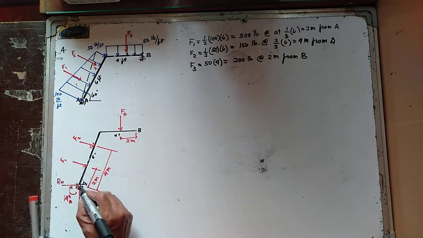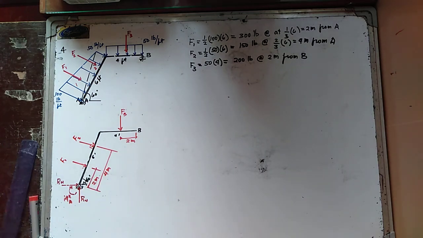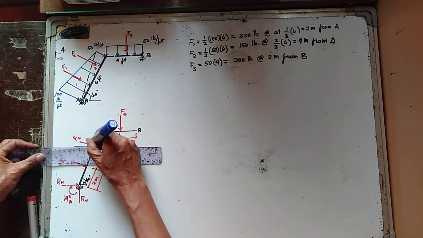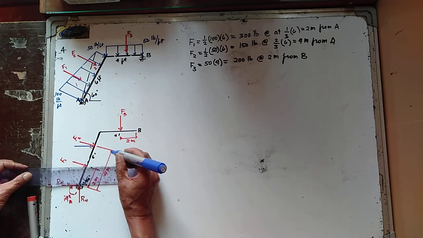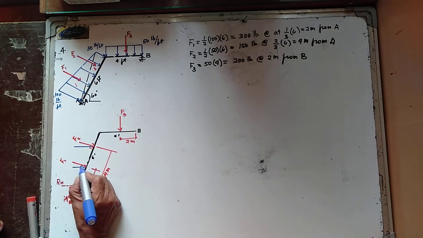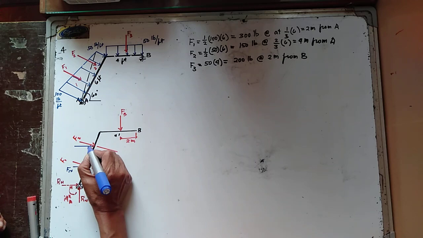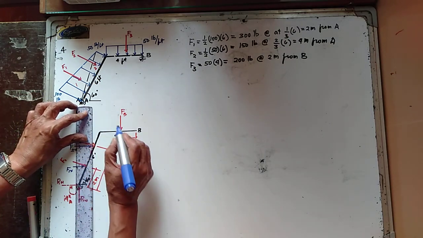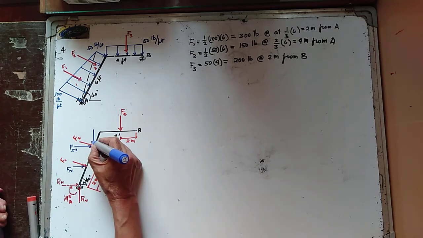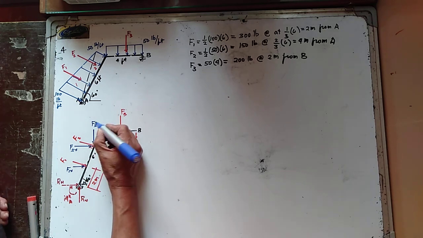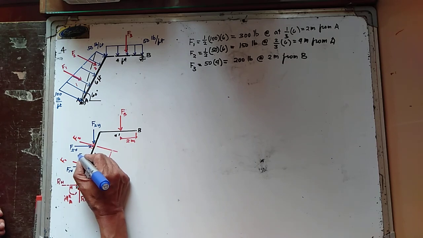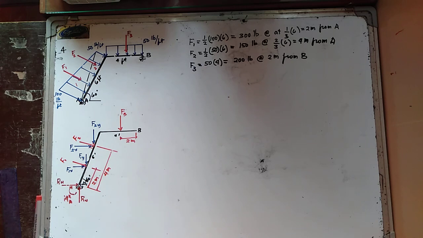So these are the components of F1 and F2: F2x, F1x, F2y, and F1y.